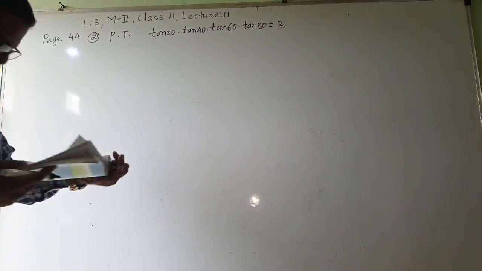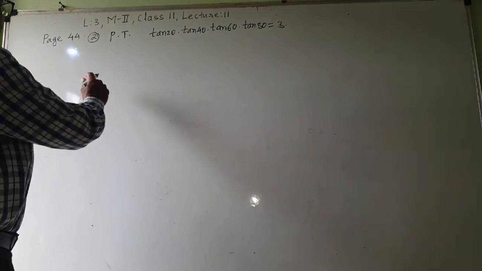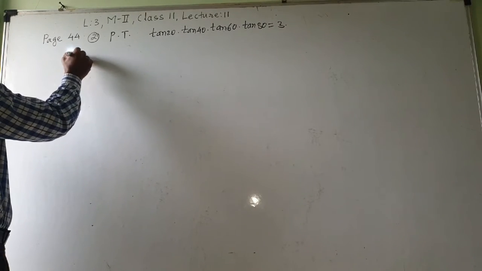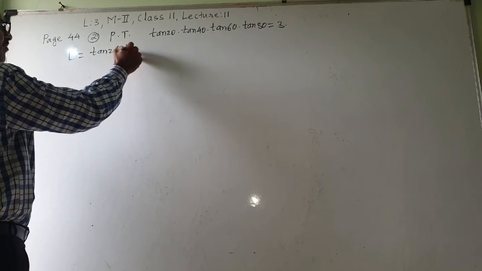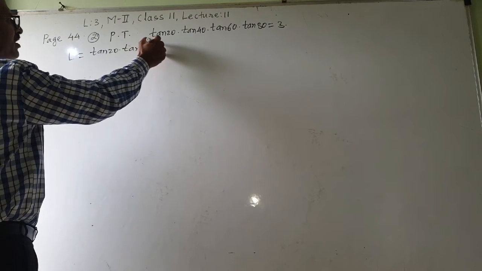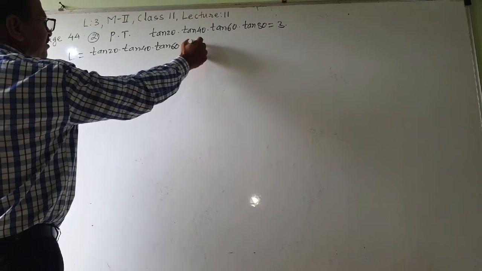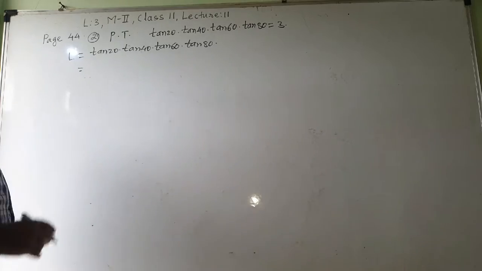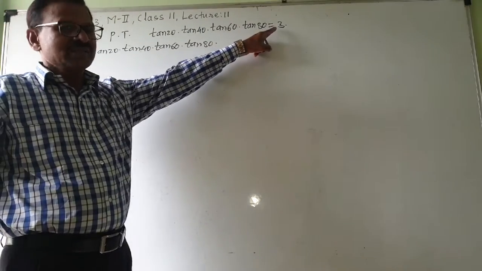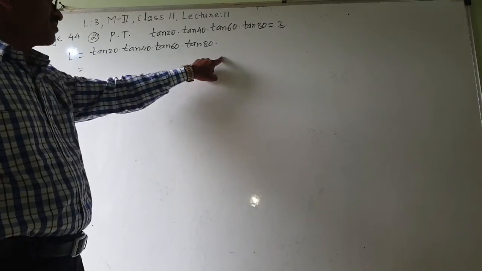That we have to prove. So as usual we will take LHS equal to tan 20 into tan 40 into tan 60 into tan 80. That is equal to, we want 3. That means all these angles should get vanished.